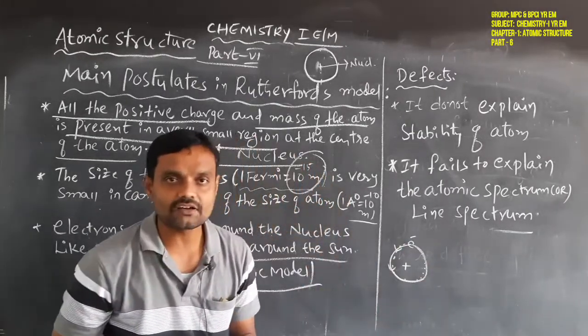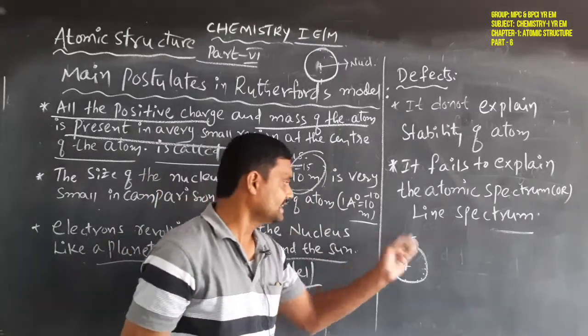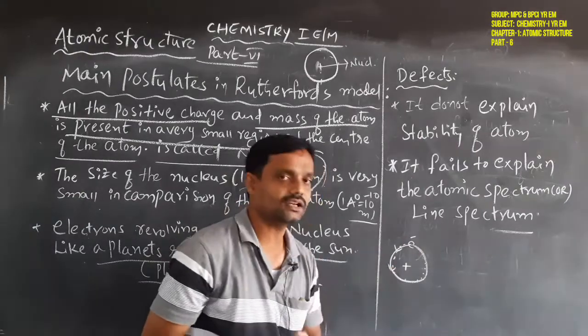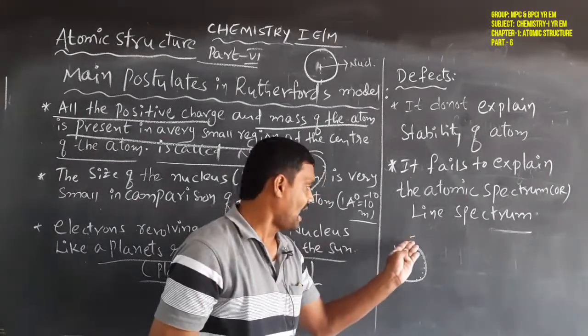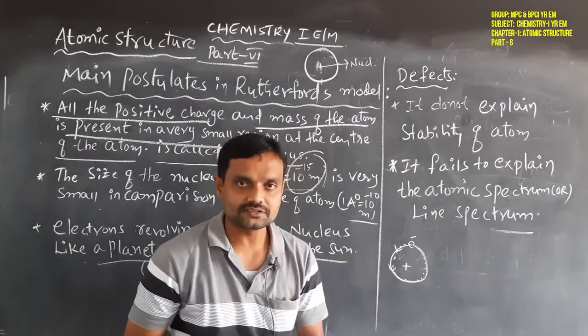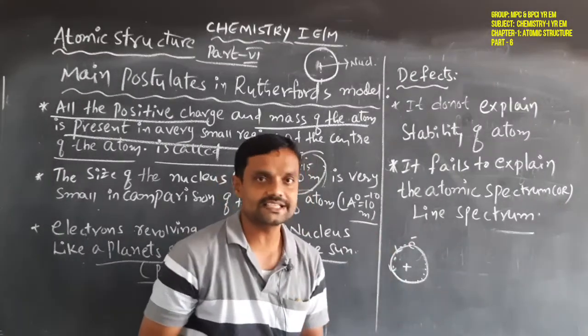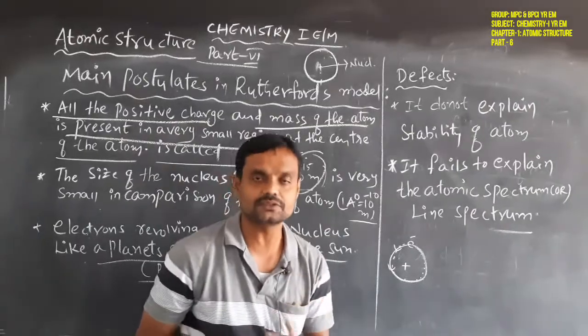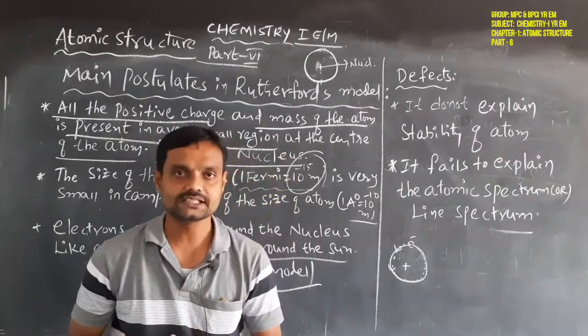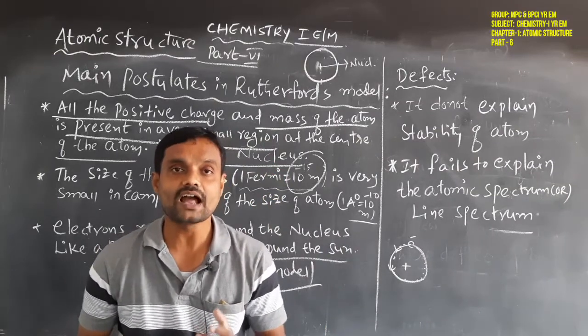According to Coulomb's law of attraction, the negatively charged electron is attracted by the positively charged nucleus, moves towards it, and falls onto the nucleus, and the atom will be destroyed.